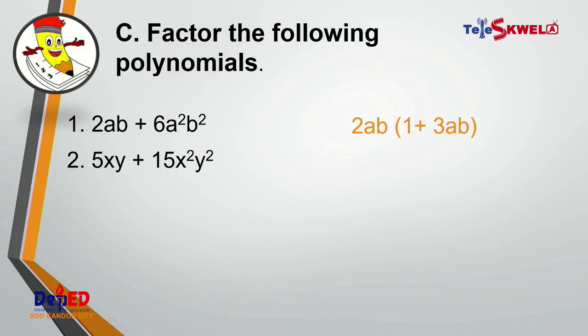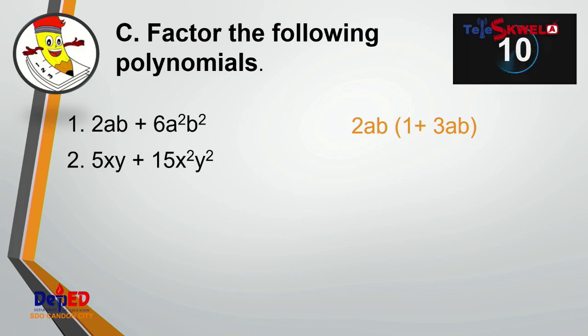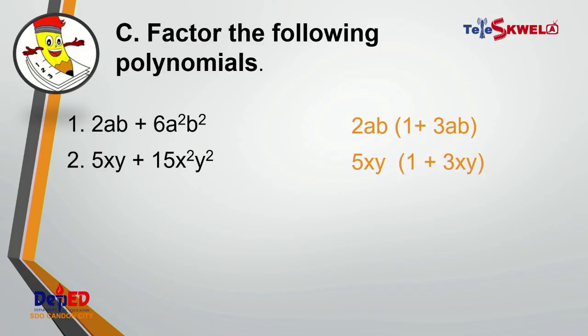For number 2, 5xy plus 15x squared y squared. The correct answer is 5xy times the quantity 1 plus 3xy.